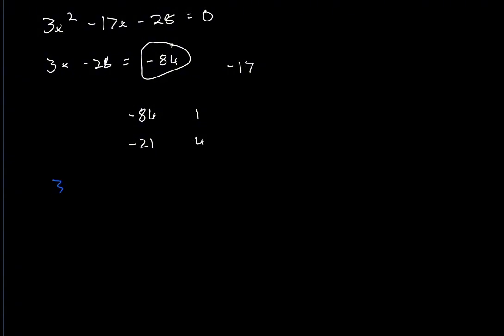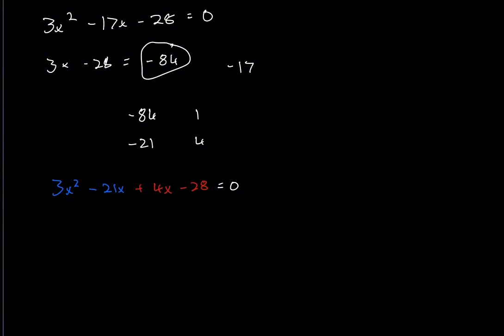Okay? Now that we've got this, we're going to substitute our two numbers into this negative 17x. So we're going to have 3x squared minus 21x plus 4x minus 28, and that is still equal to 0. Okay, now let's simplify these down.